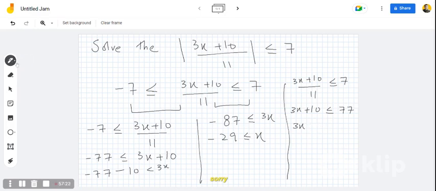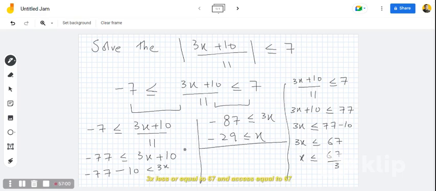So here it is now 3x less than or equal to 77 minus 10, so 3x less than or equal to 67, and x is less than or equal to 67 by 3.